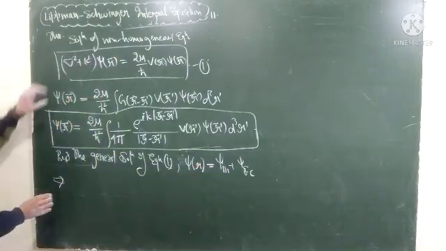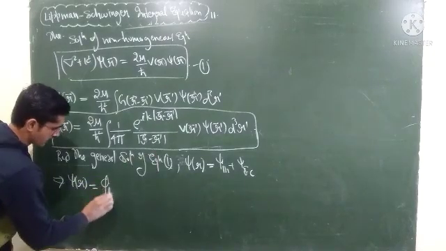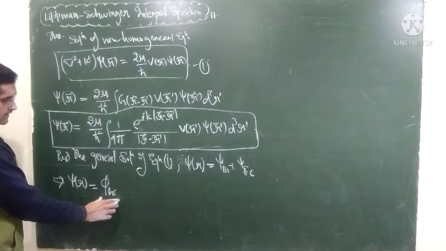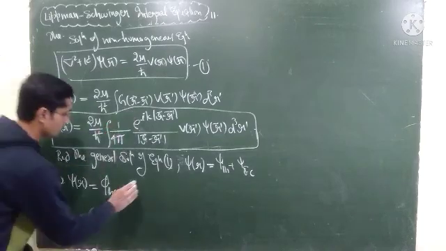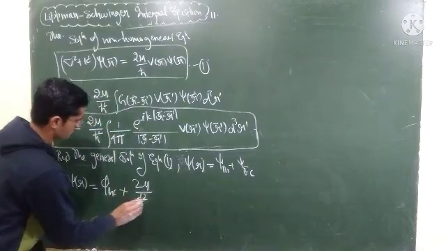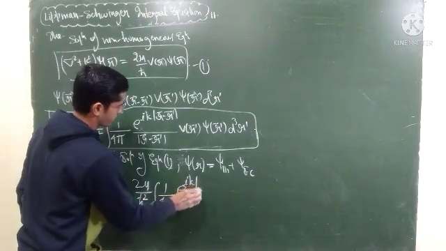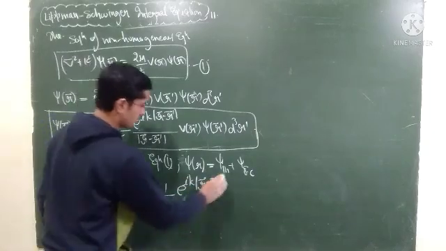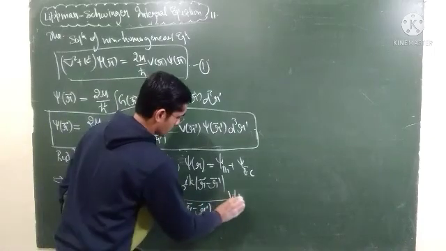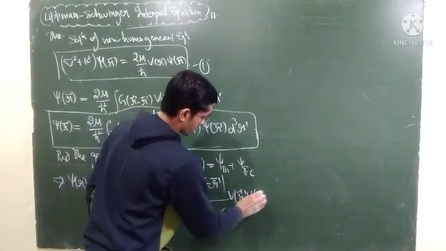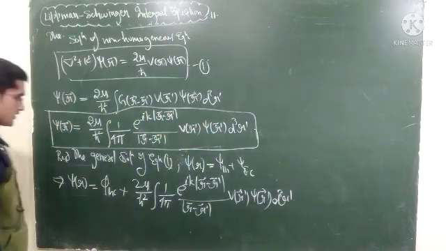So in general we can write the solution of this particular equation as psi of r as the phi incident, which is the plane wave, plus this particular expression, which is 2 mu over h cross squared into 1 over 4 pi e to the power iota k modulus of r minus r dash divided by modulus of r minus r dash V of r dash into psi of r dash d cube r dash is the equation that we were looking for.